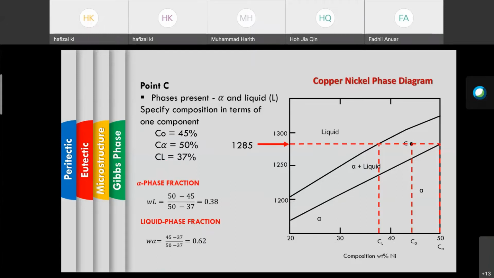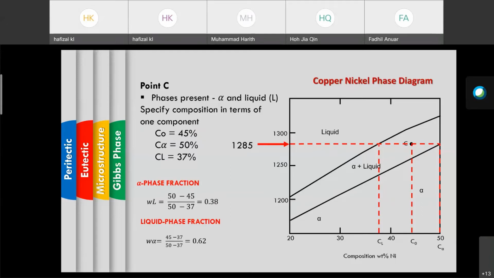So at point B, just now, we saw the amount is 50-50, and at point C, we can see the liquid percentage is less compared to the solid. Okay, solid alpha fraction is less compared to the liquid phase, which is 62%.